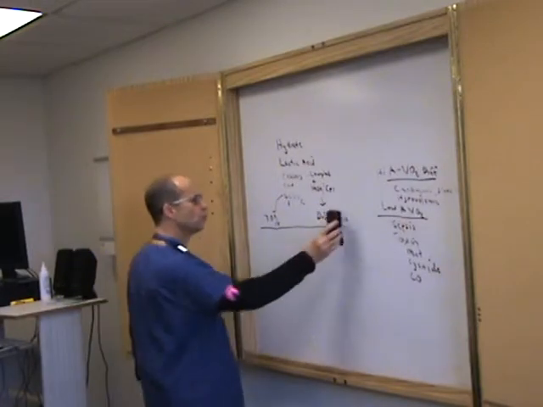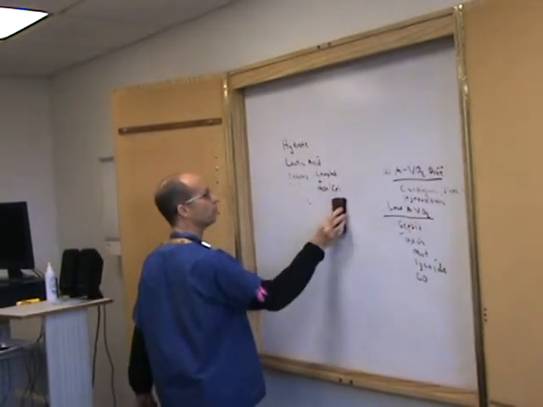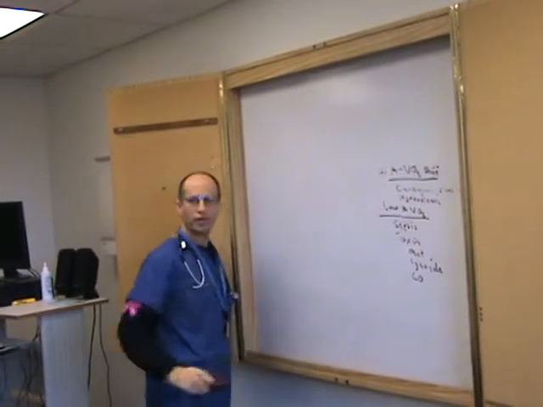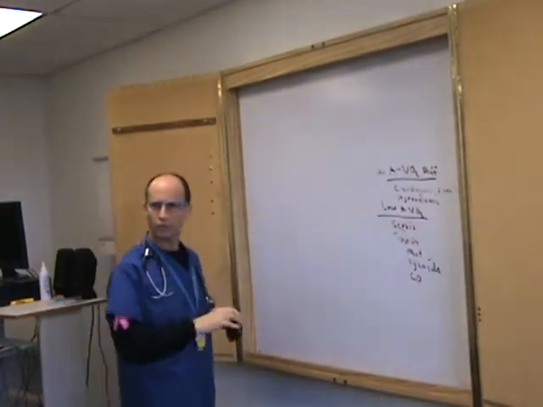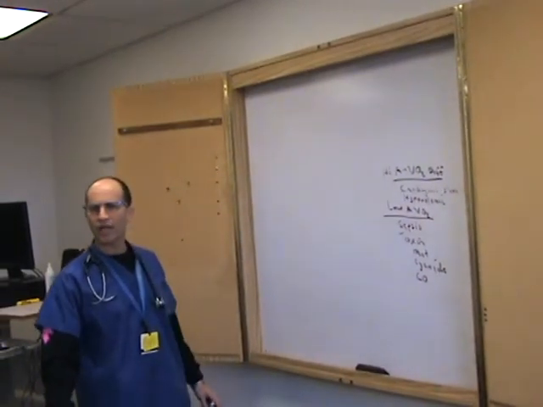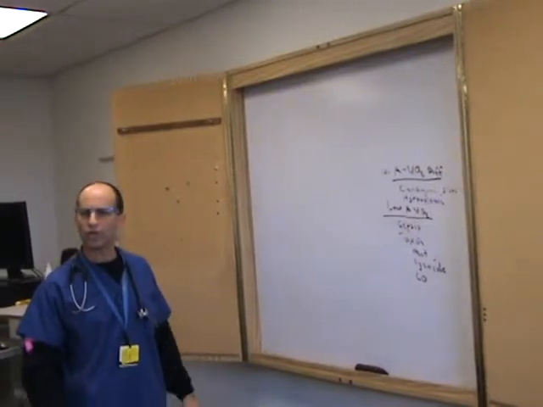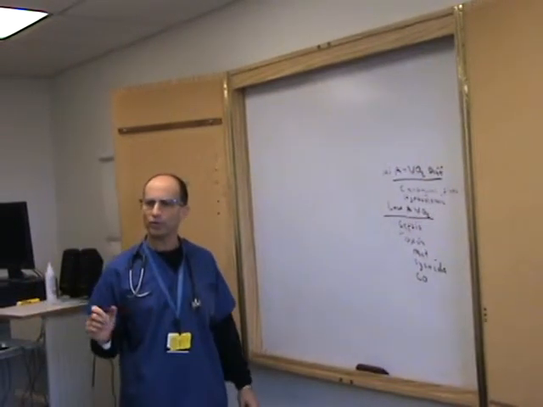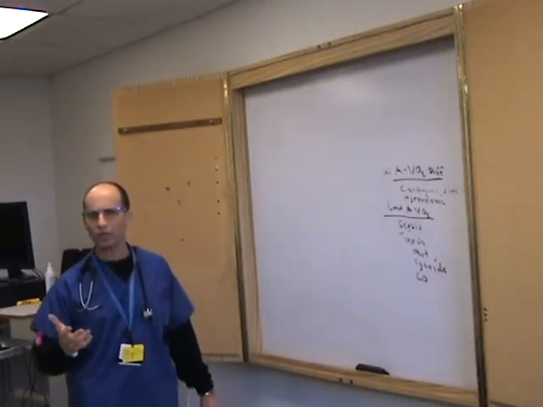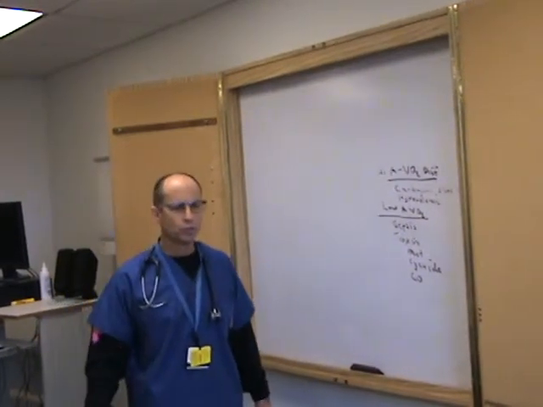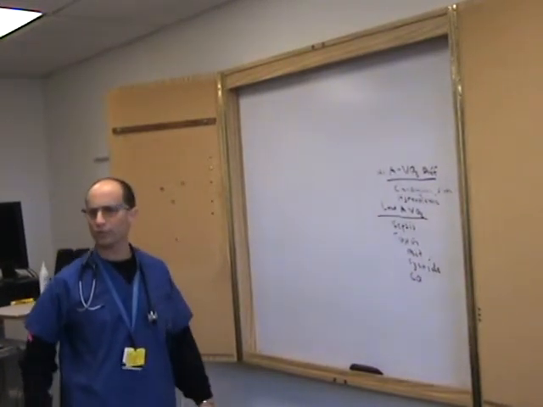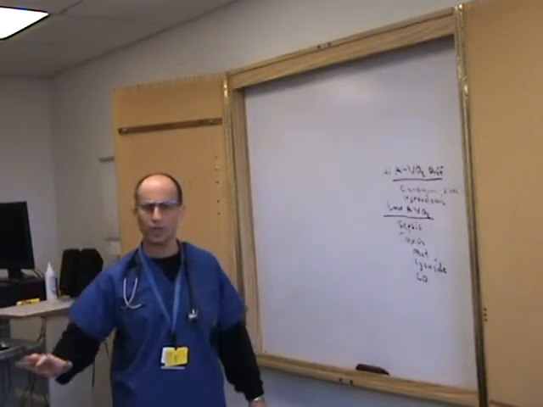We walk in the room on Saturday and the guy's on 30 mics of Levophed, vasopressin, and he's got a pressure of about 80 to 90. So we get a stat echo and we also look ourselves, and the guy's heart is barely moving, right? And his cardiac output and index are relatively okay though. His cardiac output, I think at that point, was about 4.8, his cardiac index was about 2.4, and 2.5 is okay.